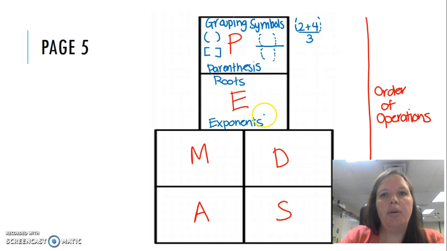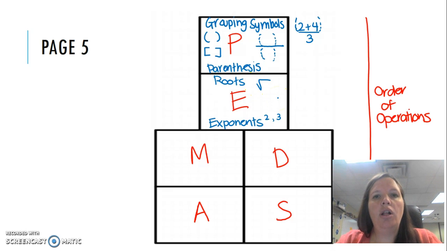So exponents are powers like, I'm going to add on here, second power, third power, but roots could be something like a square root. All of those would take kind of second priority in your list. So grouping symbols are first, and then we look at exponents, which roots, square roots, for you guys are considered to be in the same priority level.